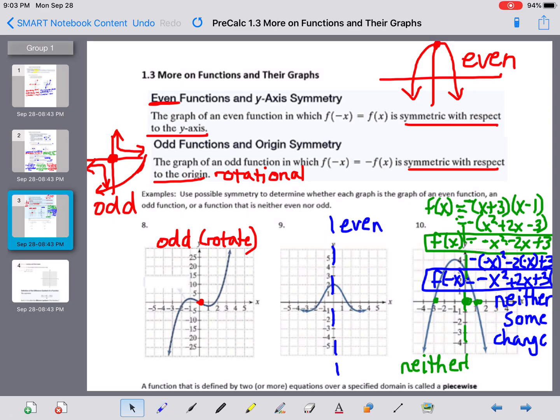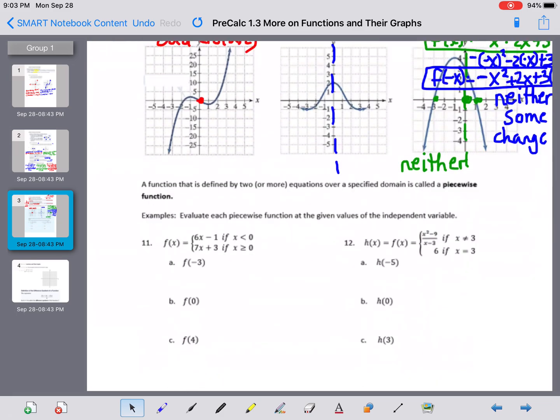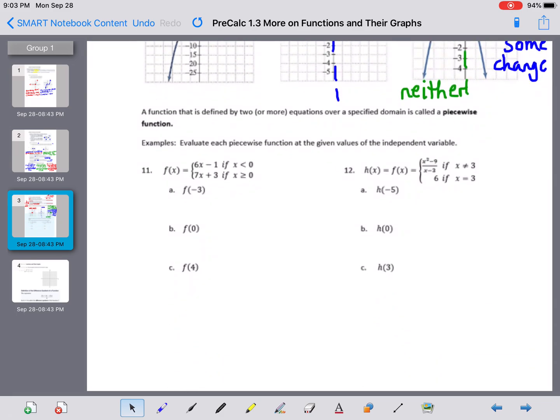All right, let's keep moving here, and let's look at what we call a piecewise function. Okay, a piecewise function says I have a function, which means it can pass that vertical line test if I graph it all, but it doesn't have to be a continuous line, or a continuous curve. There's pieces that fit different parts on the graph, okay?